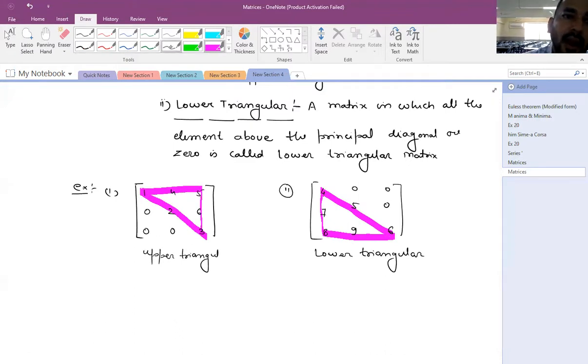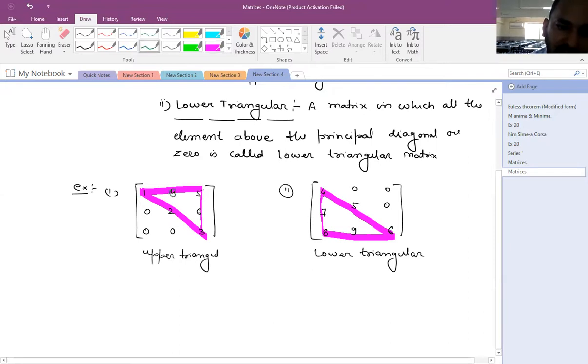But I'm not saying that I cannot have 0 over here. I can have 0 here, I can have 0 here. No problem, still it will be lower triangular, and still it will be upper triangular. The definition says that in upper triangular the elements below the principal diagonal should surely be 0, and in lower triangular the elements above the principal diagonal should surely be 0. That is the definition. It does not say that these elements should be non-zero.